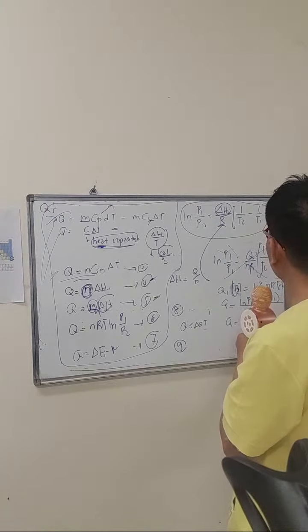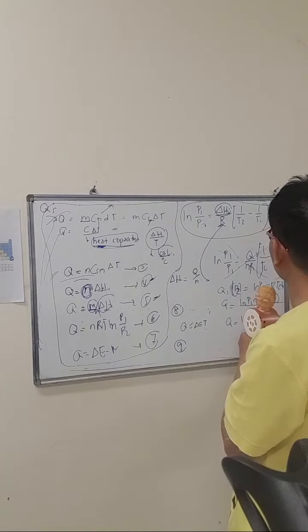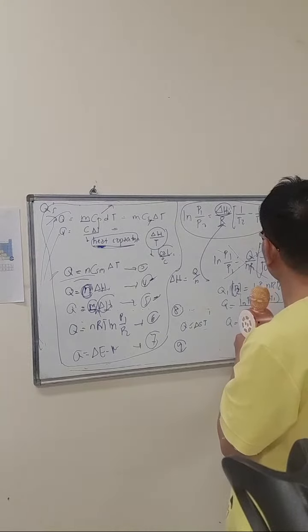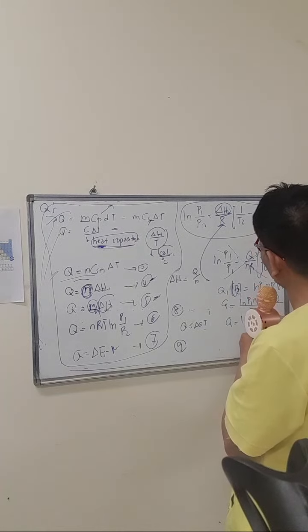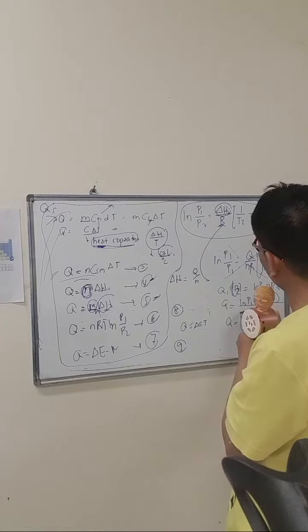And then nR. You will also transpose the temperature to make it simpler: T2 minus T1 times the whole thing nR.